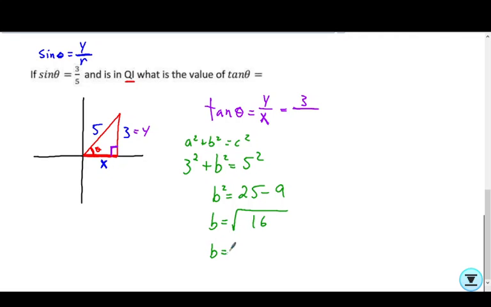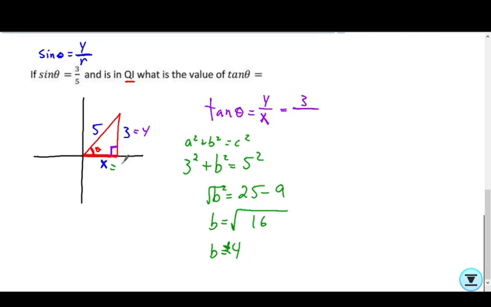So b is 4. Technically we should write plus or minus 4, because when you take the square root of something squared, you get plus or minus. But we know, since we're in the first quadrant, that b is positive.